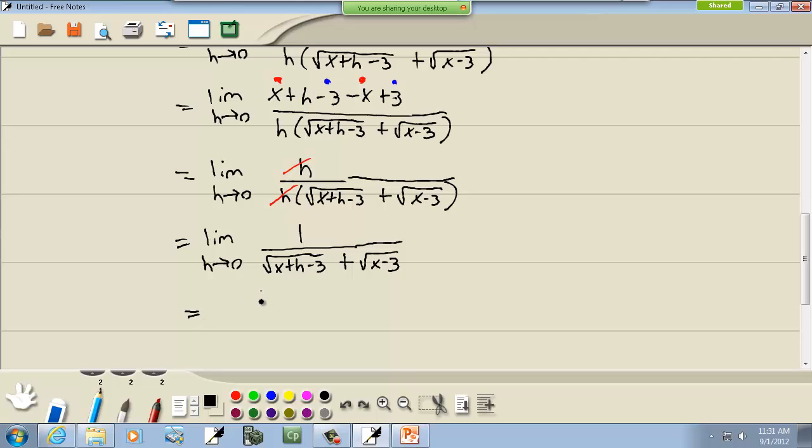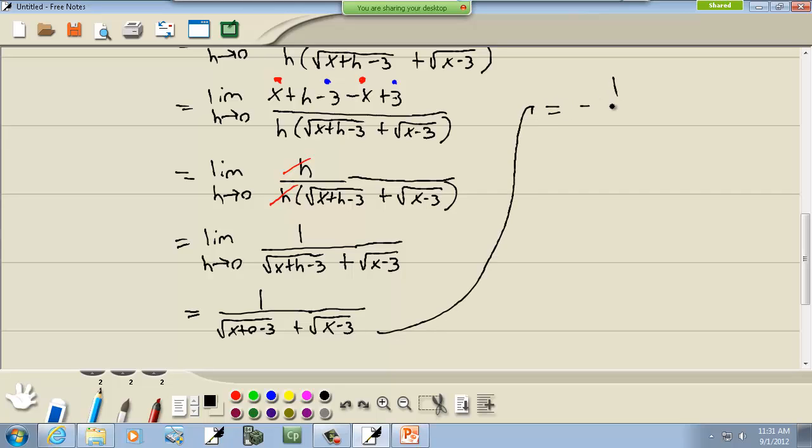So I put 0 in for h, so I got 1 over square root of x plus 0 minus 3 plus square root of x minus 3. That 0 drops away, and we've got 1 over the square root of x minus 3 plus square root of x minus 3. Now since those square roots are the same, then we'll add them together. Since they're alike, we add the numbers that are out in front. 1 plus 1 is 2, so we've got 2 square root of x minus 3.